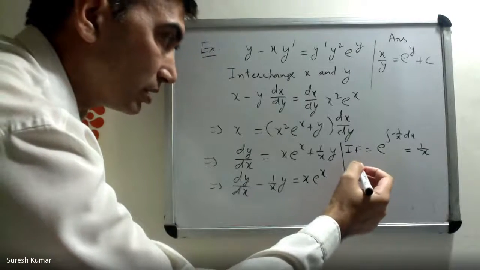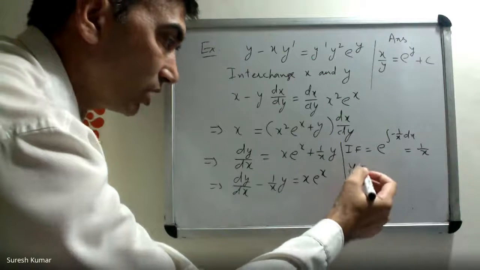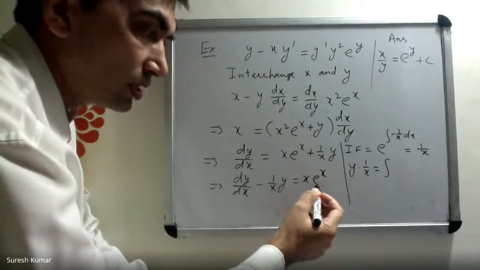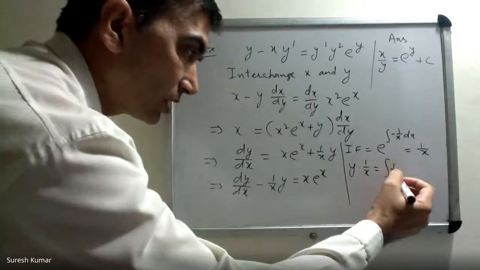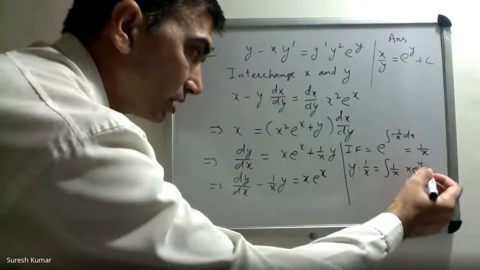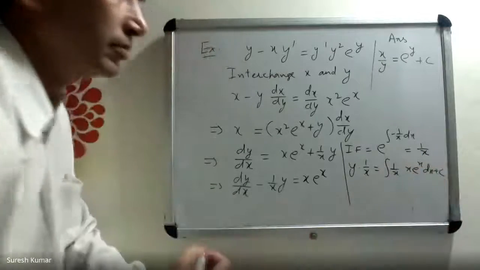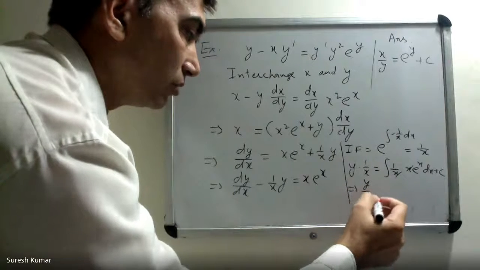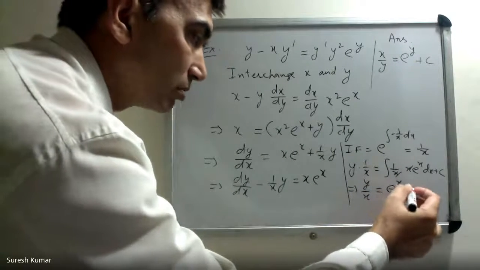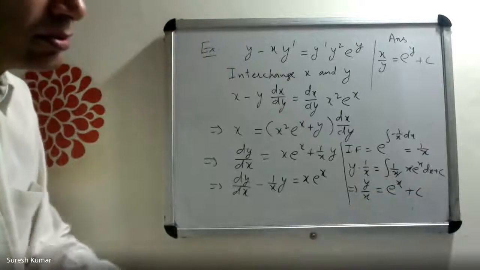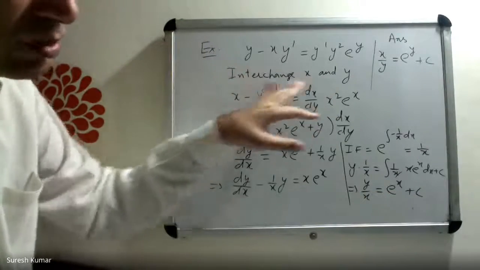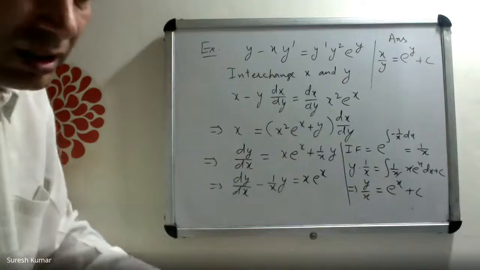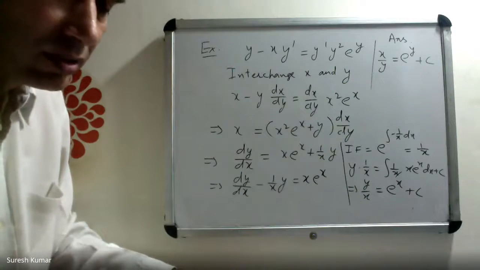So integrating factor is 1 over x. That means the solution is y into integrating factor equal to integral of Q of x into integrating factor, that is, 1 over x into x e power x dx. So what do we get? Finally, y over x equal to e power x plus c. But this is not your answer because you interchanged x and y. In your final answer, again interchange x and y.